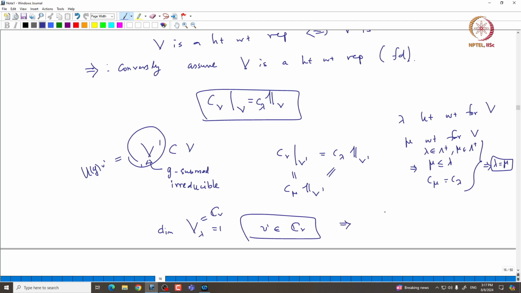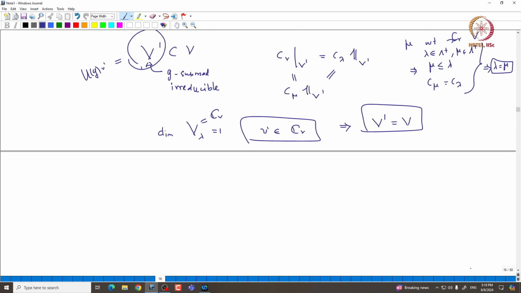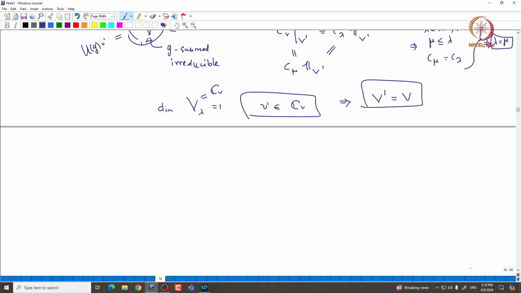That forces V dash and V to be multiples of each other. Obviously v dash is non-zero, so the multiple must be a non-zero scalar. So that forces V dash to be equal to V. This proves that any finite dimensional highest weight representation must be irreducible. So this is indeed a very nice proof using the Casimir operator.